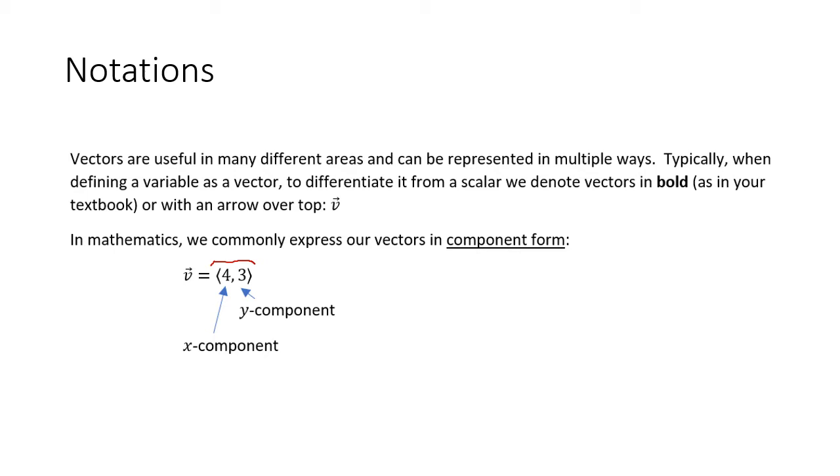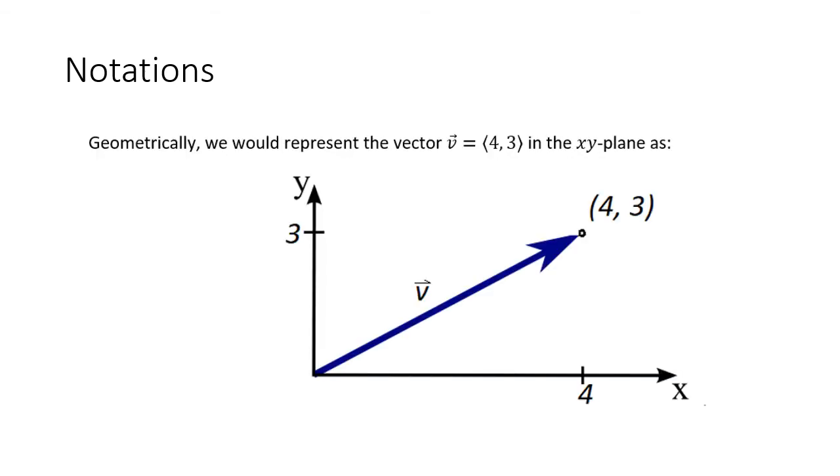Then each part or each component is separated by a comma. In this case, my vector v, the first number is 4, so my x component is 4, comma, then my next number is 3, that becomes my y component. I could add more components as I wanted to. If I add my next one, it would be my z component, and so on. But typically when we do mathematics, this is how we're going to represent our vectors.